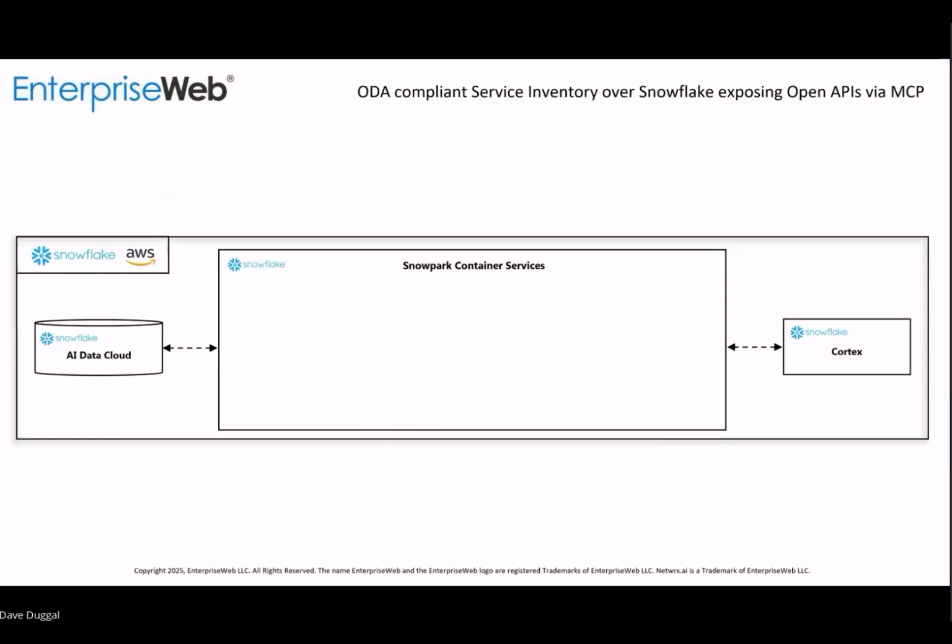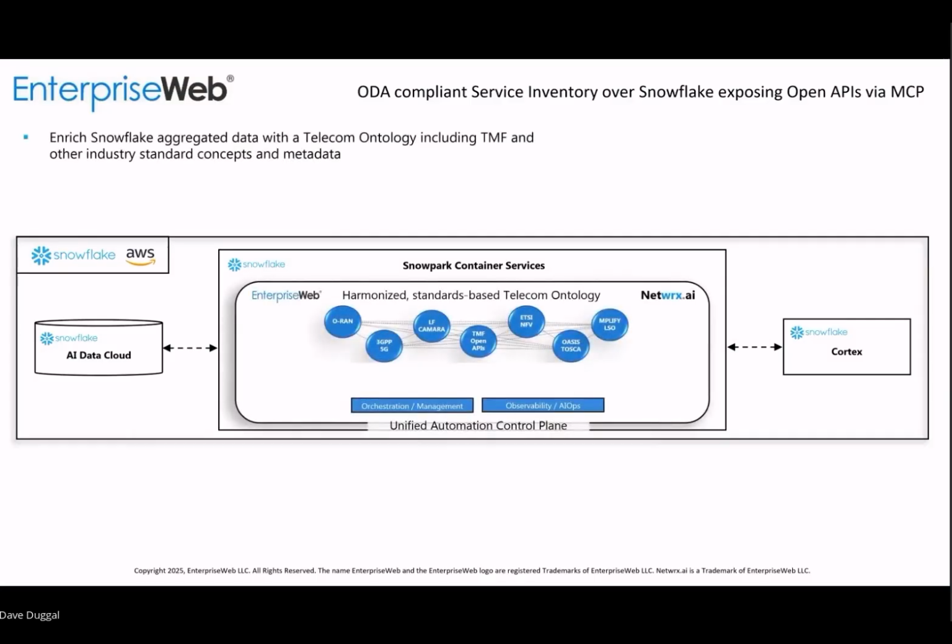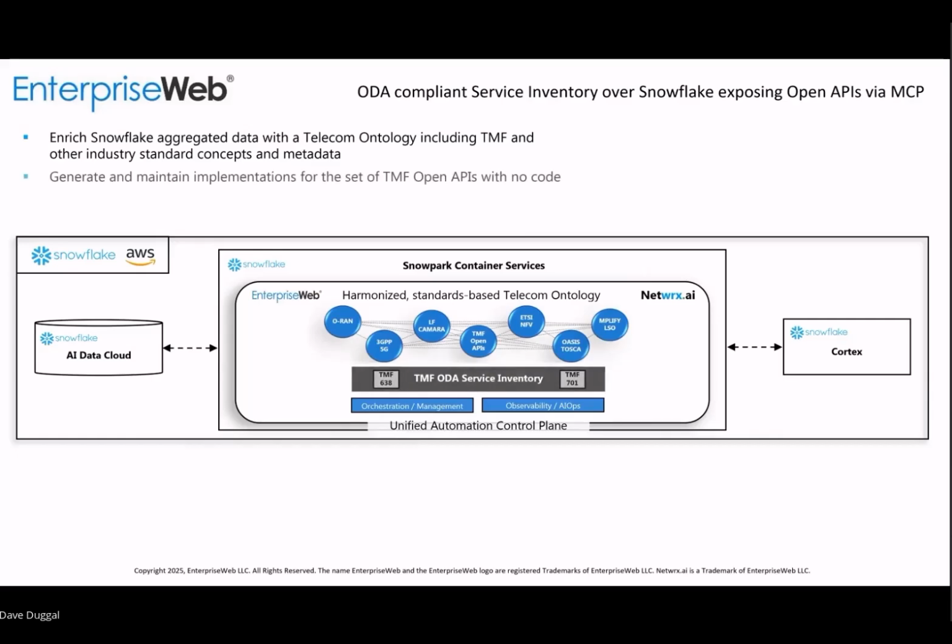On the right, you have their LLM called Cortex. In the middle, you have their Snowpark Container Services, which is usually for lightweight data apps. But since our entire platform is only 50 megabytes, we literally deploy the entire solution as a data app. It's cloud native, deploys as a cluster of pods, 50 megabytes, and HA, 100 megabytes. It deploys in minutes. We're literally running as a native Snowflake app in Snowpark.